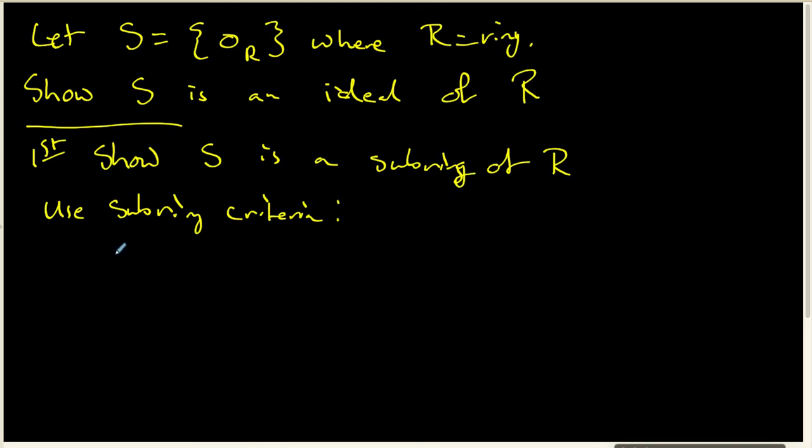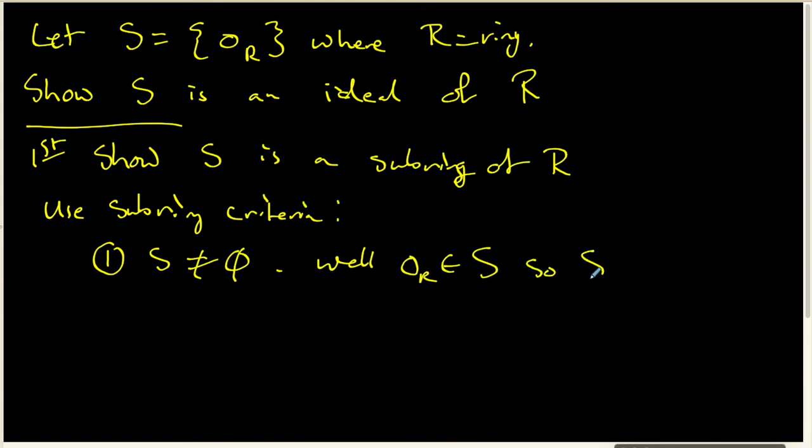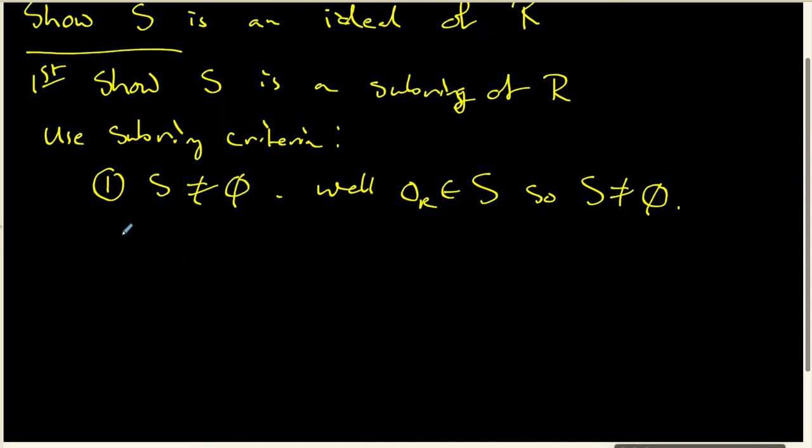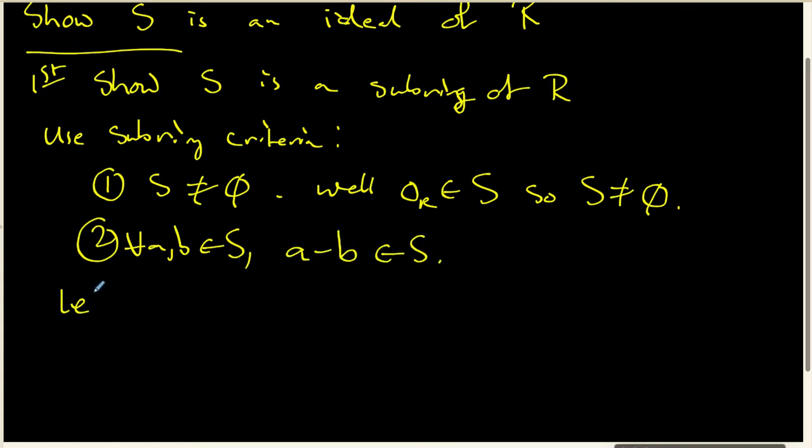First of all, I need to show that S is not the empty set. Well, the zero element belongs to S, so S is not empty. The next thing is I need to show that for any pair of elements inside S, A minus B belongs to S. So I'm going to let A and B be inside S. But remember, S consists of only one element, the zero element.